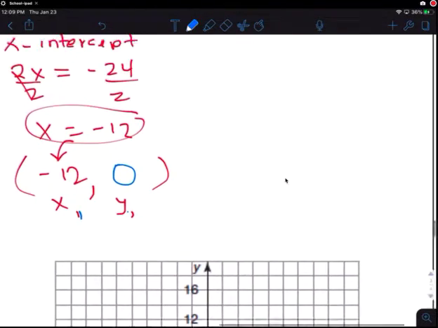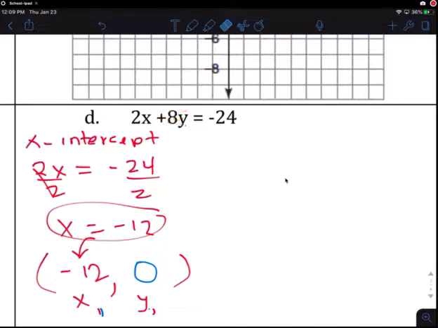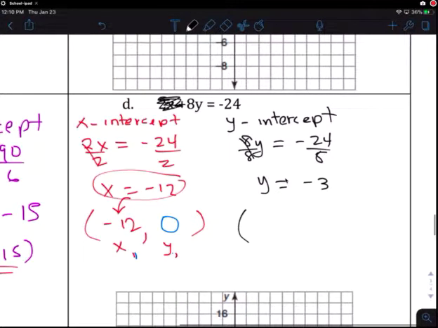Dot number 2 is finding the y-intercept. Okay, let's erase this. The y-intercept is going to be your dot number 2. You cover the x, and that's a positive 8y equals negative 24. Divide by 8, get y equals negative 3. So this is dot number 2, x sub 2, y sub 2.